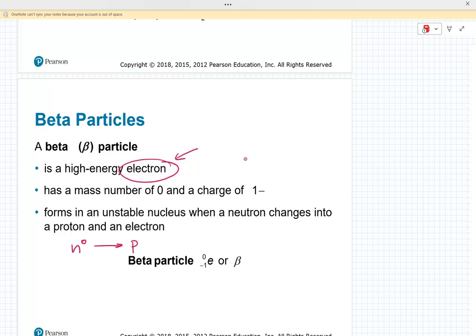It's a breakdown. So a proton and an electron. That makes sense? What is the charge on the left side of that equation? Overall charge here. 0. What is the entire charge on the right side? 0, because plus and minus cancel each other out.